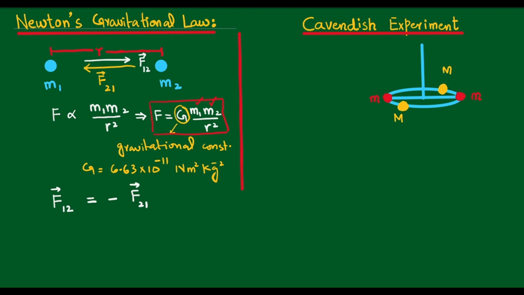Now we discuss the Cavendish experiment to find out the value of G, which is 6.67 into 10 raised to power minus 11 Newton meter square per kilogram square.